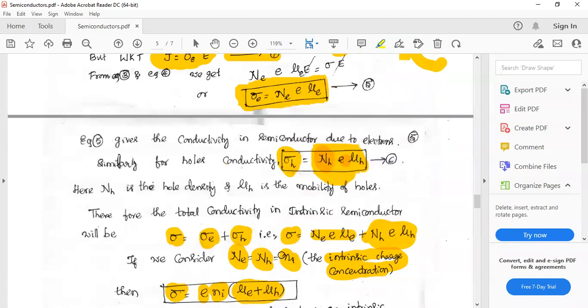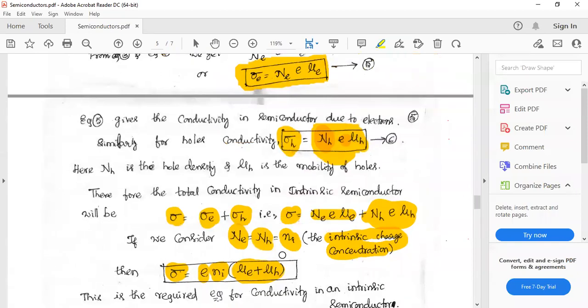And as you know that the number of electrons and number of holes are the same in intrinsic semiconductors, I can replace N_e and N_h by N_i, something called intrinsic charge concentration. Stating that sigma is the sum of sigma_e and sigma_h, and replacing N_e and N_h as N_i, I can obtain the final expression for conductivity as e N_i into (mu_e plus mu_h).